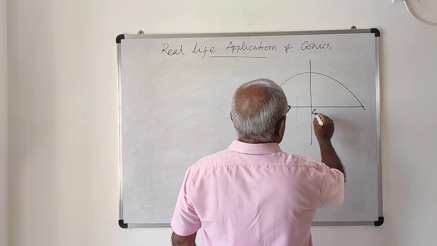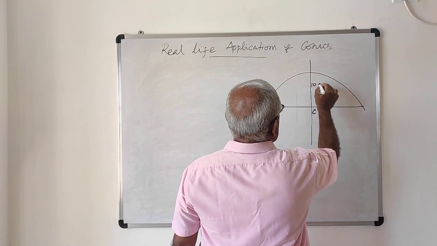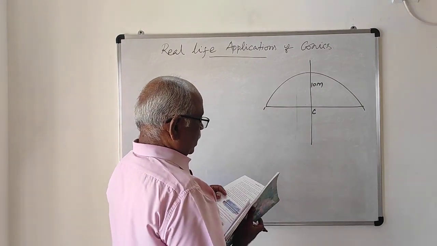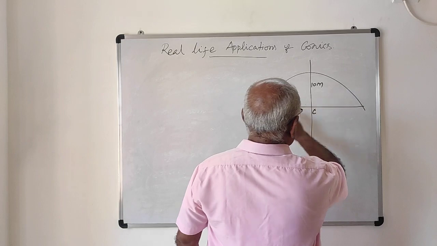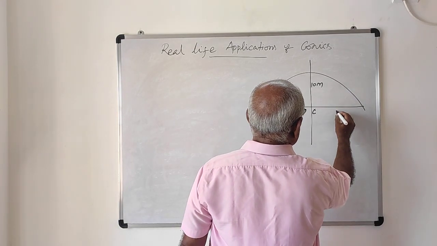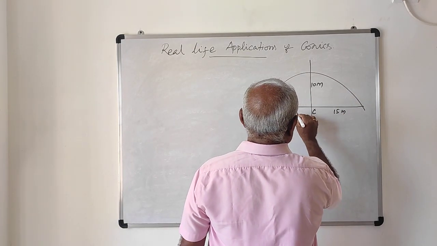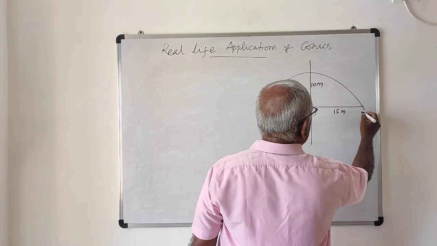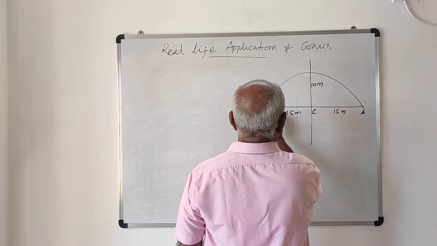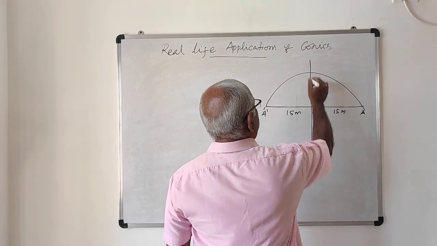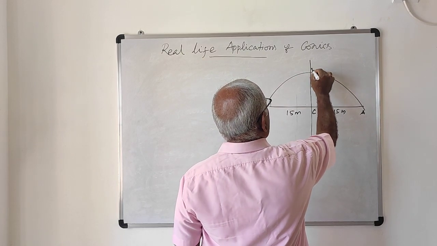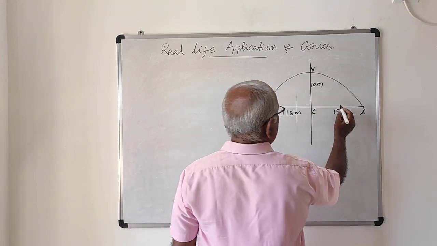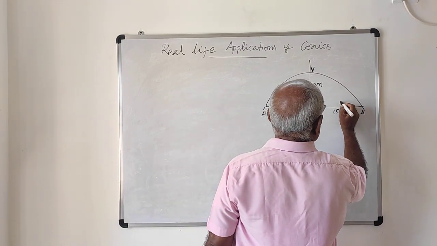This is the center of the bridge arc, and the height of the bridge is 10 meter. And 30 meter wide: this side 15 and this side 15 meter, totally 30 meter. So from the center it is 15. You call this vertex A and this A dash, and this height is CV. You consider CV, the height is 10 meter. On either side of the bridge, up to the distance of 6 meter, find out the height.